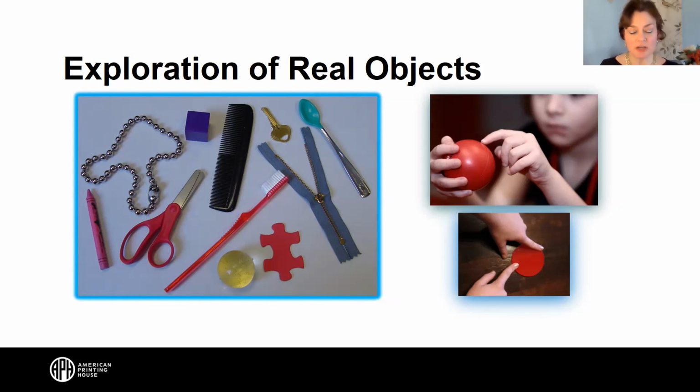So in these photos, a young child is tracing the sides of a sphere, and that whole object is in her hand, and her finger is tracing that contour of the ball. It can then be compared, as the lower photo shows, with her tracing with her fingertip a flat disc of that sphere.